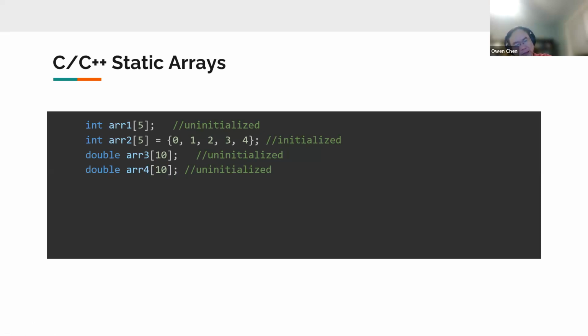And back then, without C++ 11, you have to use memory allocation. You allocate memory and say how much memory you want to allocate, and then assign the memory address to the variable. And that's how you get a dynamic array. That's more the typical C type of dynamic array calculation.